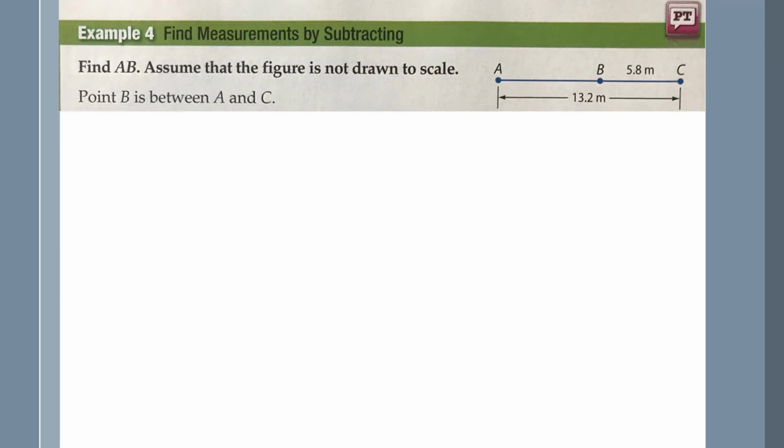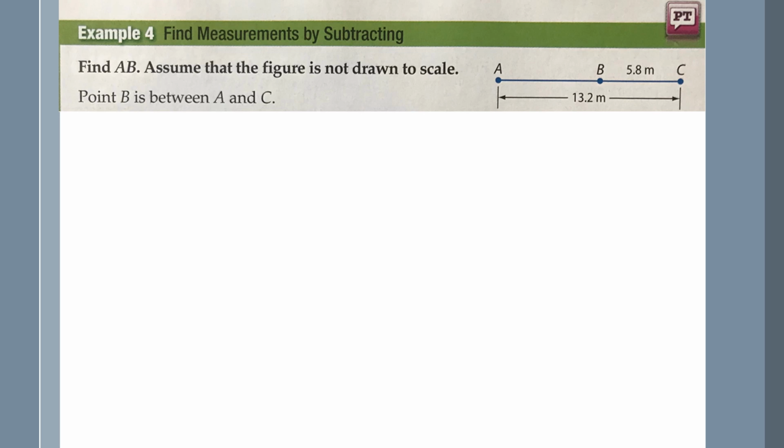Now it's your turn. Go ahead and look at this problem and see if you can't figure out what the length of AB is. I'll wait. Okay, now that I'm back.